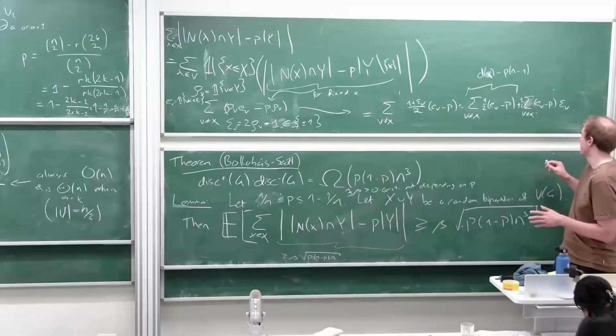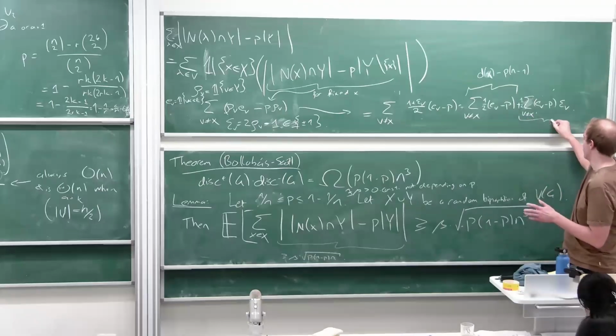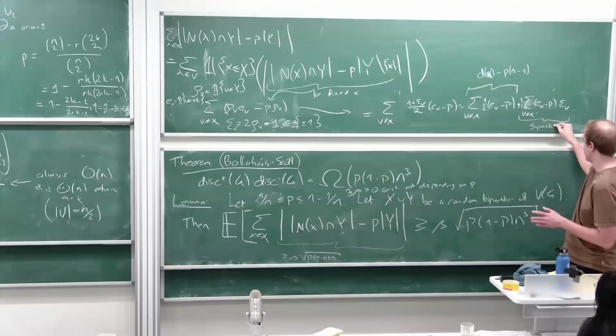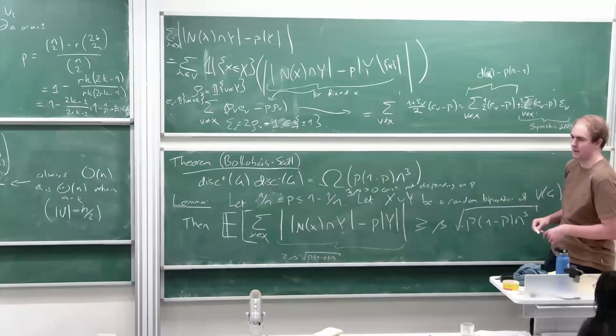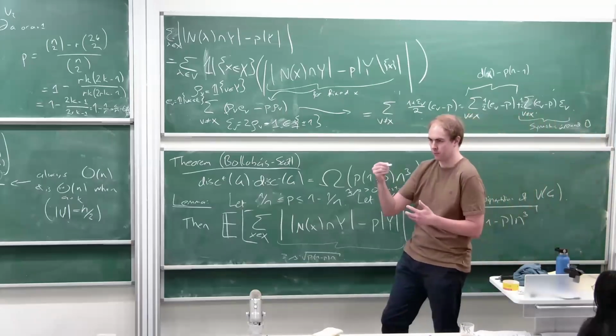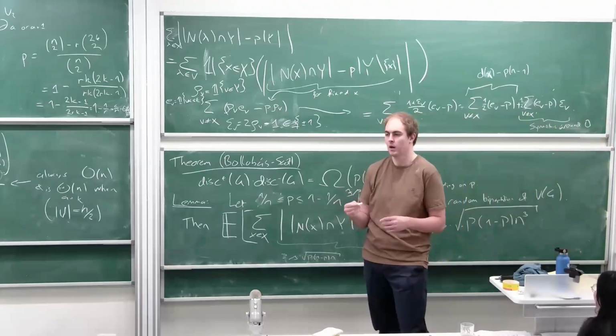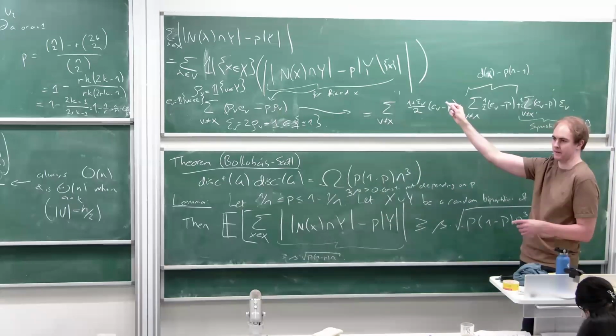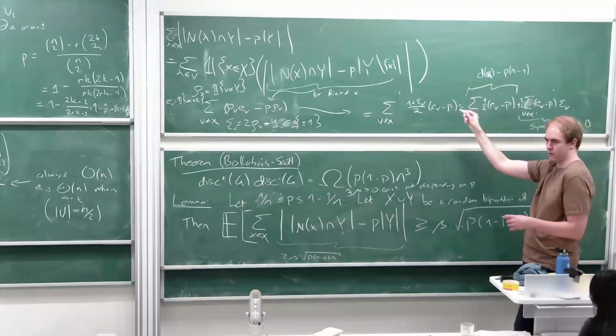What it means that, and also remember, this is now symmetric around 0, because these epsilon v's are IID plus or minus 1 random variables, because they come from maximum. So we are trying to figure out how large is the expectation of this absolute value.